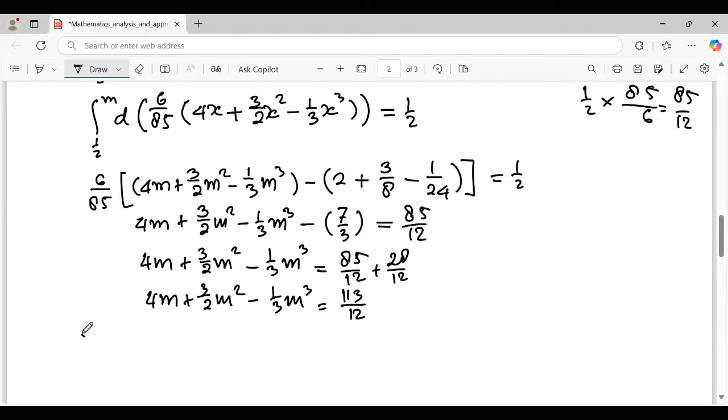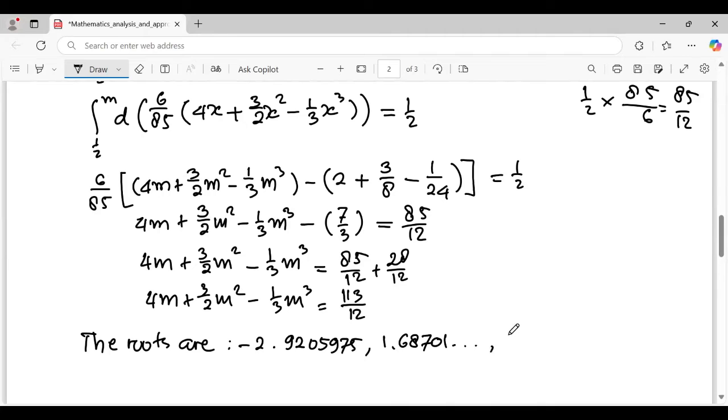The roots are minus 2.902597, 1.68701 and so on, and 5.7335 and so on.